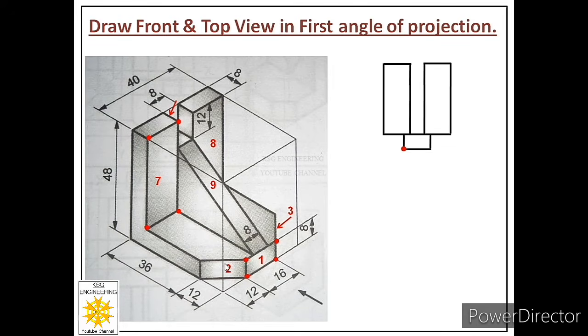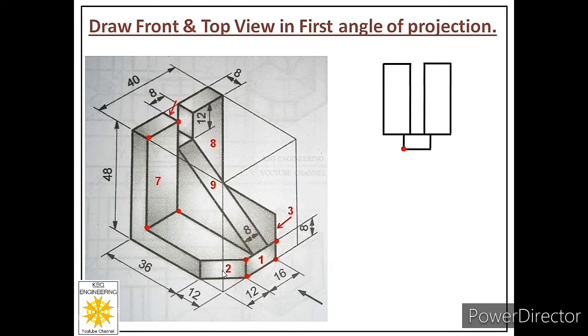It means if I have to plot this inclined face in the front view, I have to show it as a reduced shape, a rectangle of reduced length, because this inclined length will not be visible from front. For this face, only this portion of that length will be visible, that is 12 millimeters. It means for face number 2, we have to draw a rectangle whose length will be 12 millimeters and whose height will be the complete height, that is 8 millimeters given in this question.